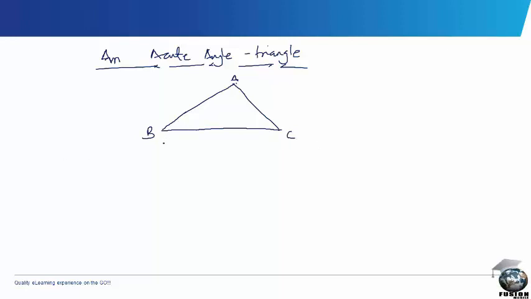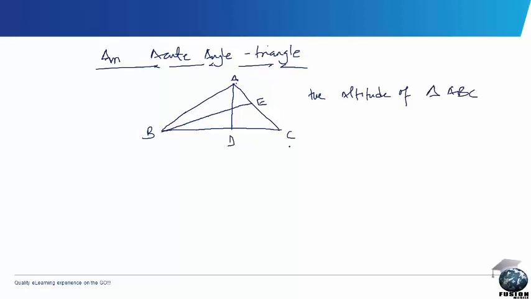Alright, good. And we draw a line from A to meet BC at D, and then a line from B to meet AC at the point E. Okay, we shall call these lines the altitudes of triangle ABC.